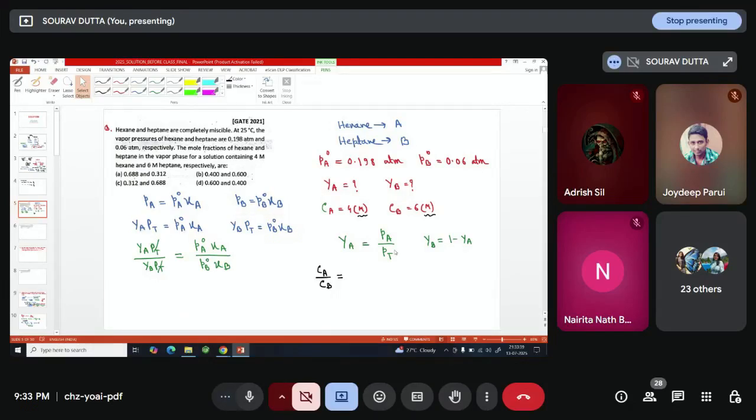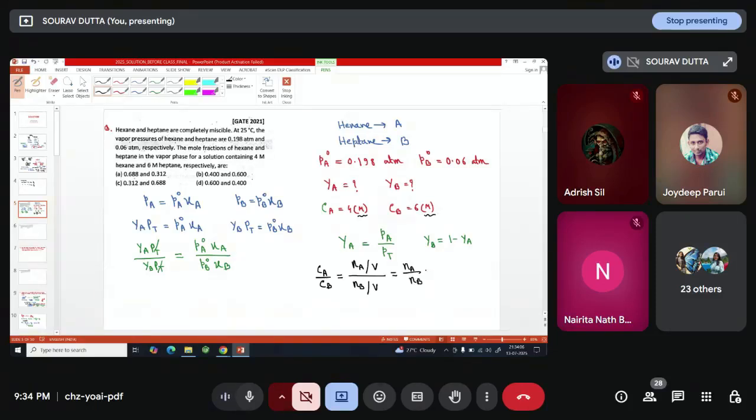So molarity means mole per unit volume. So concentration of A is basically the mole number of A divided by total volume of the solution. Molar concentration of B means mole number of B divided by total volume of the solution. So V and V will be cancelled out. So that will be Na by Nb.